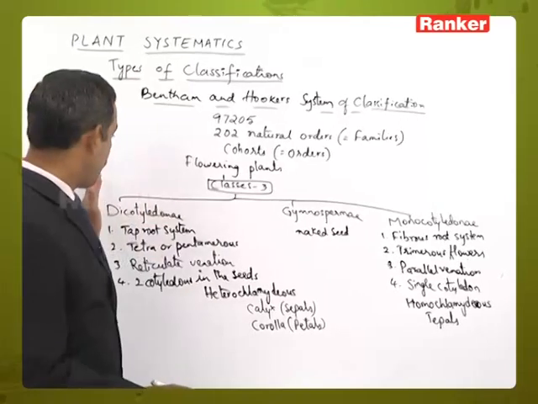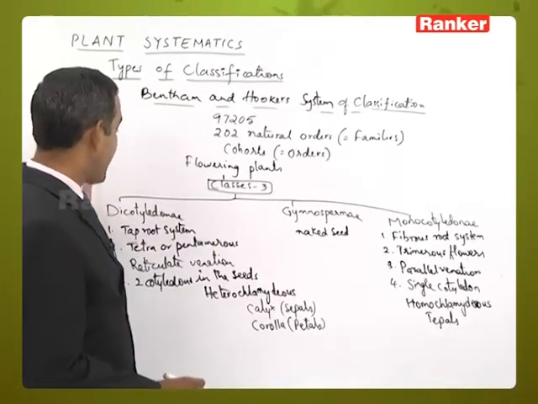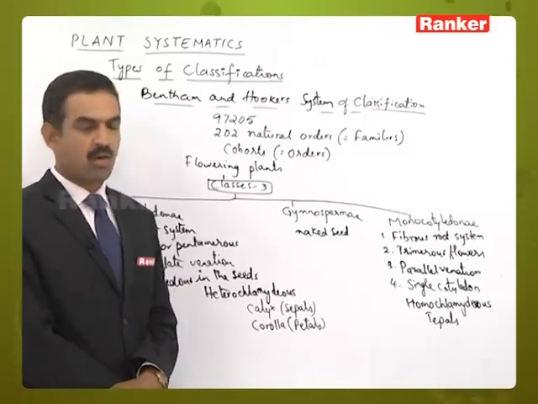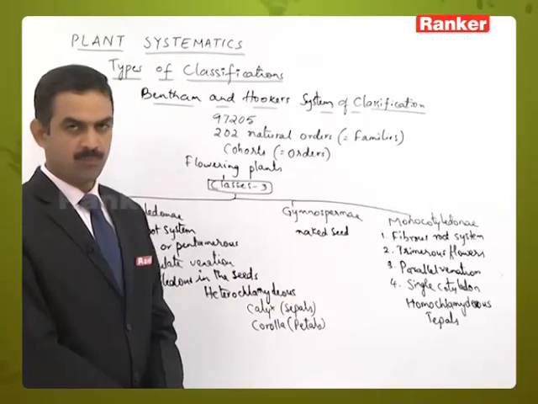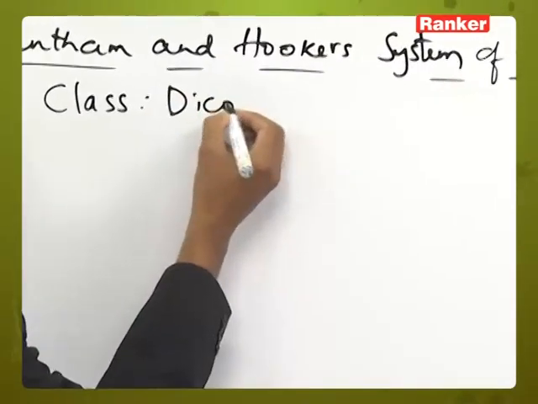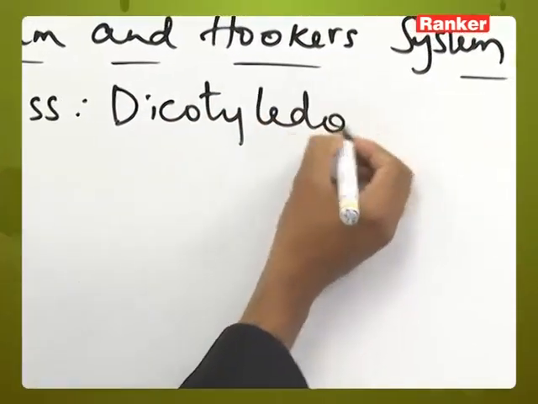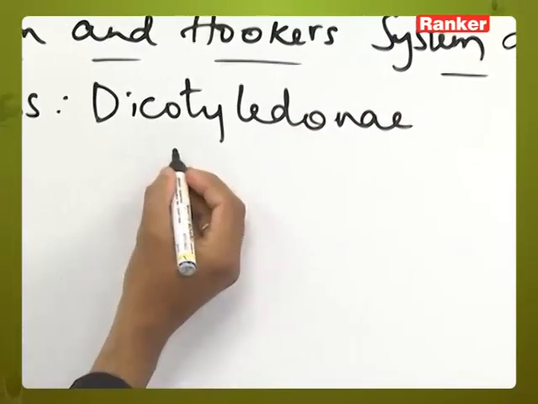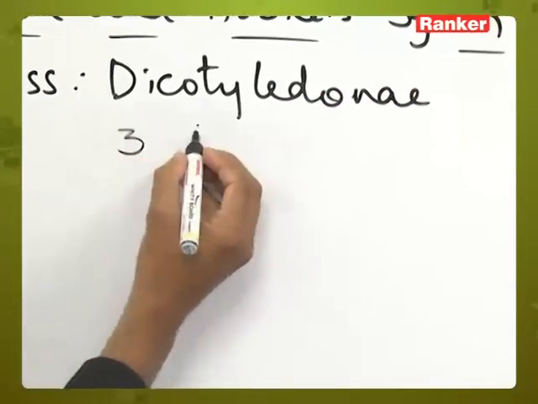Now let us see what are the subclasses and the further divisions that are present in dicots and monocots also. First let's take class Dicotyledonnae. So this class Dicotyledonnae is subdivided into 3 subclasses.